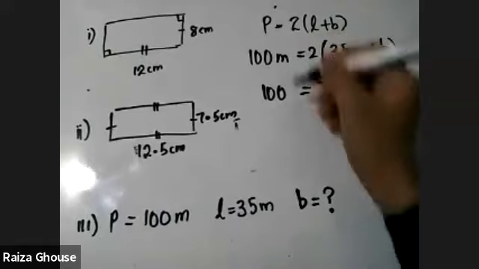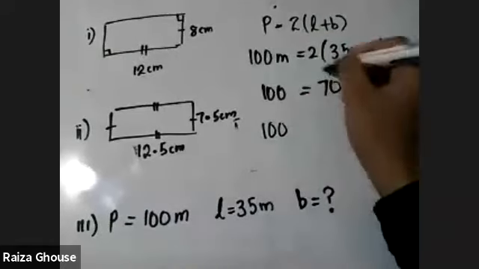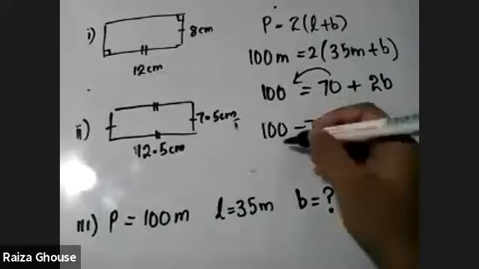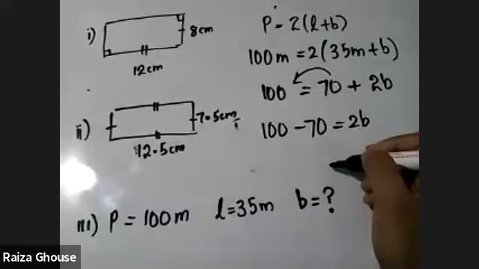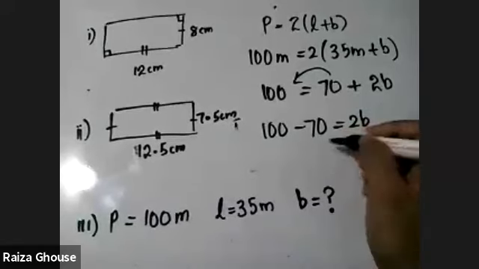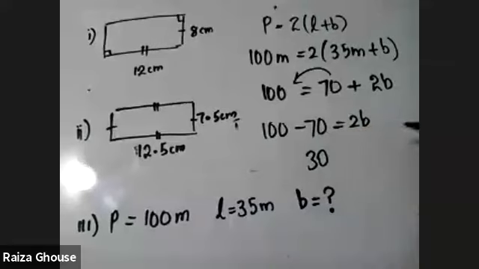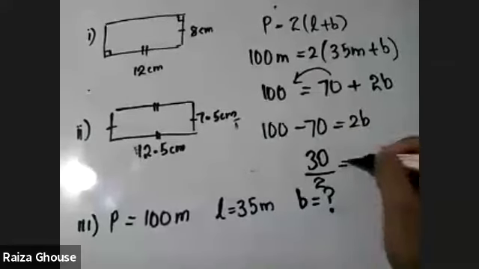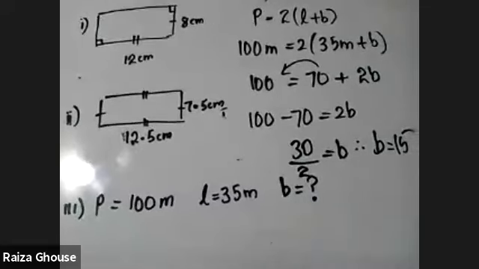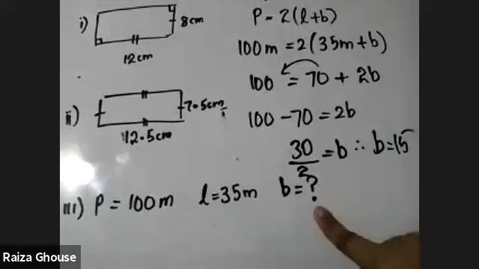Carry the numbers, 70 comes to this side, 100 minus 70 equal 2B. 100 minus 70, what do you get here? Now you are getting 30. So 30 divided by 2, both sides. Therefore, B is equal to 15 meters. That is the answer for the breadth.